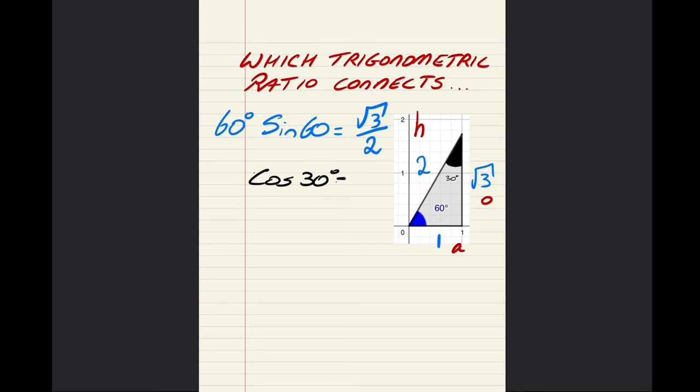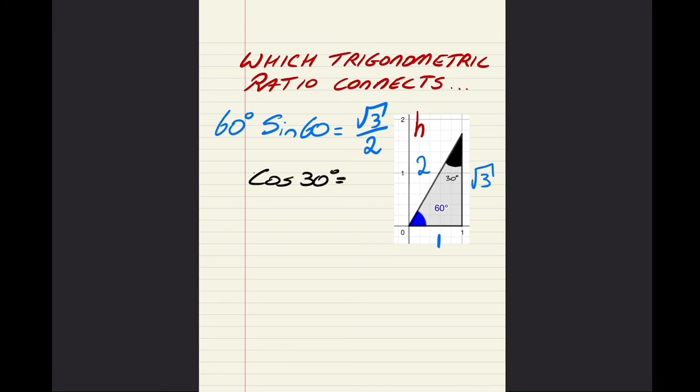Okay, so from our phrase above, we know that cos is adjacent over hypotenuse, but it is adjacent relative to 30 degrees. So what I'm going to do, just to make it a little less confusing, I'm going to get rid of the O and A now. The H will always be the same because that's always across from the right angle. That doesn't change. But we're now talking about 30 degrees.